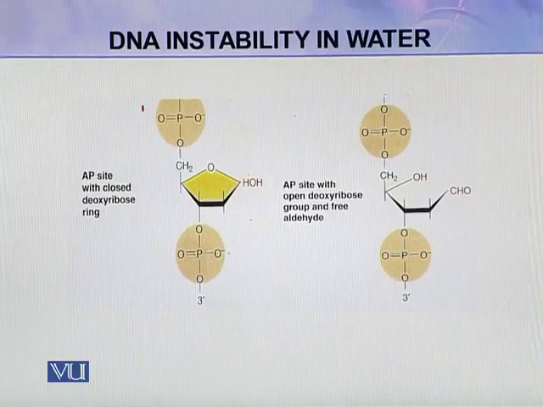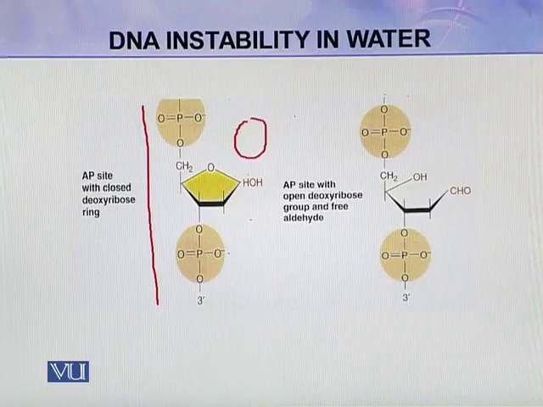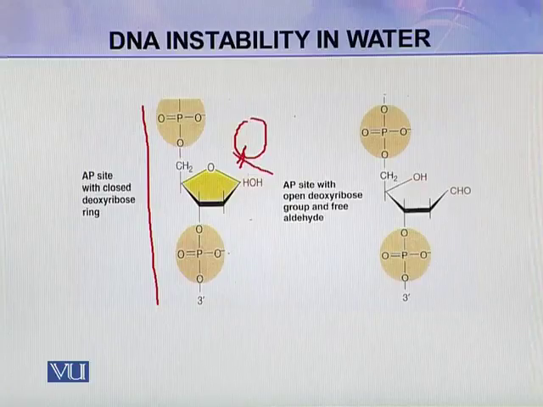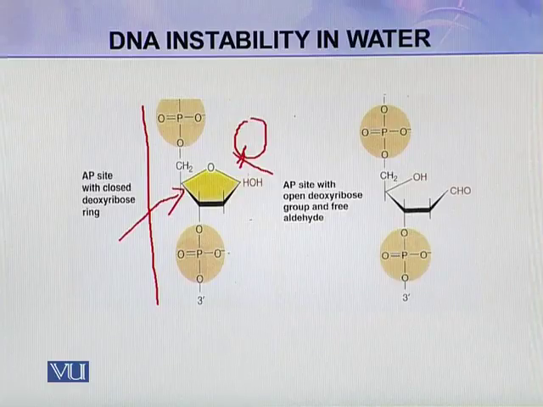So this is a normal strand, and here should be one nitrogenous base which has been broken. So this base was attached to the ribose sugar through an N-glycosyl linkage, which is present here. So this linkage was broken, and now this AP site is produced. This site is called an AP site, and this AP site has a closed deoxyribose ring.